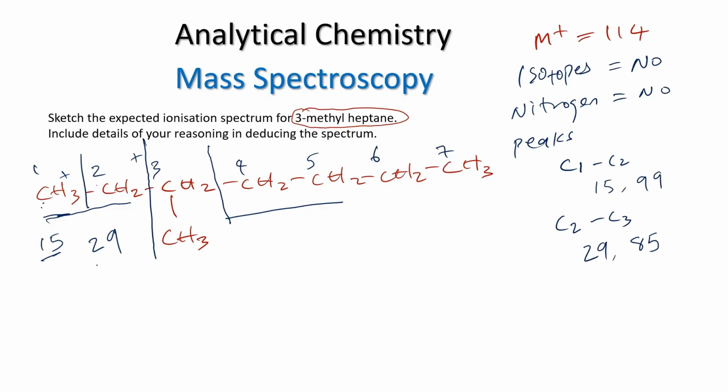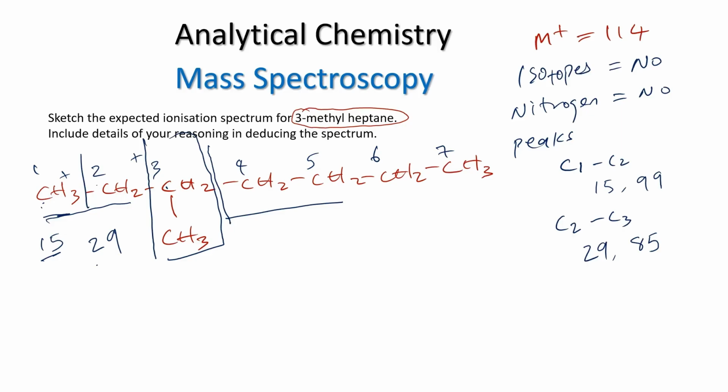Now what if you break the bond between carbon 3 and carbon 4? If you break this bond, you're going to have this fragment on this side. If you take note, this carbon here gives a secondary propyl carbocation, and that is where we have the most stable fragment.